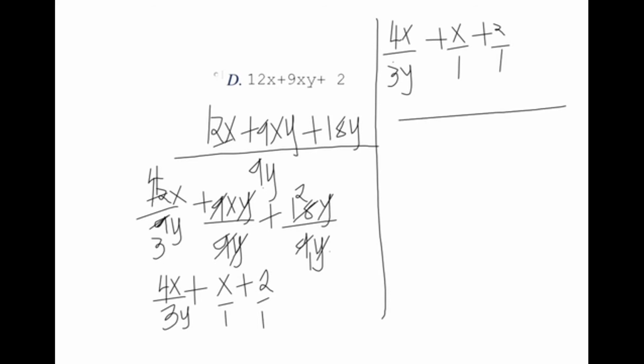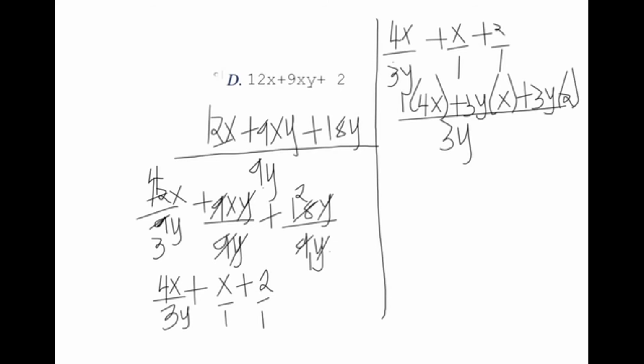Then we find the LCM. The LCM of 3y and 1 and 1 is 3y. So 3y divided by 3y is 1 times 4x, plus 3y divided by 1 is 3y times x, plus 3y divided by 1 is 3y times 2.